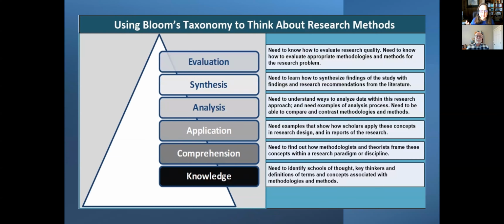And so, I think about evaluation with the original version of Bloom's taxonomy, where evaluation is at the top of the pyramid. And even though it's not necessarily a completely linear model, still, to get to the point where we can evaluate, we need to have the basic knowledge about the methods or methodologies.